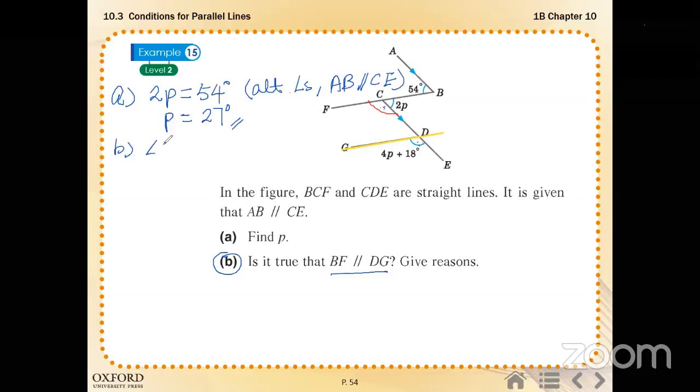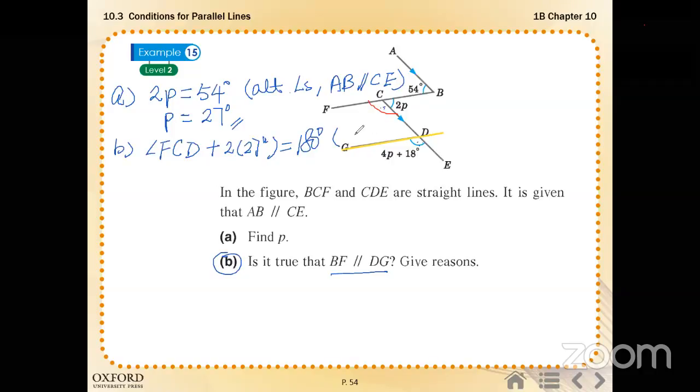First, I look at angle FCD plus p, which is 27. You can write clearly 2 times 27 degrees, it means 2p, equals 180 degrees. Why?